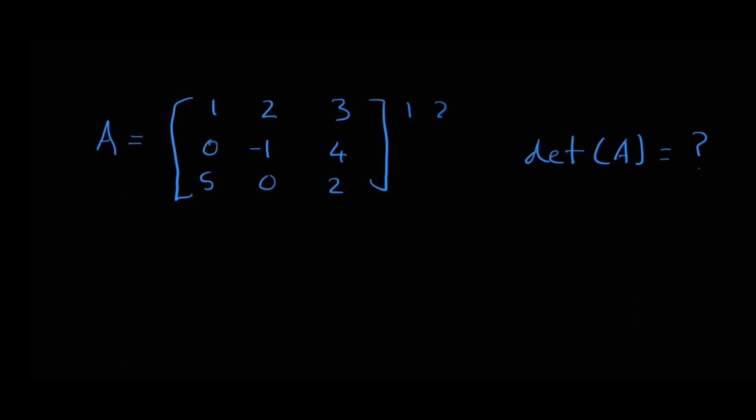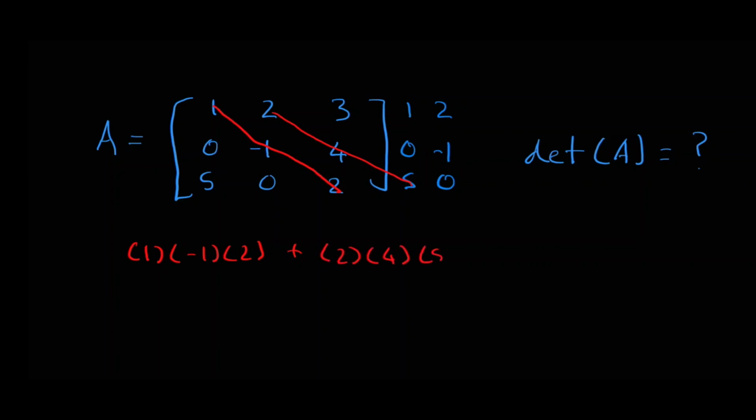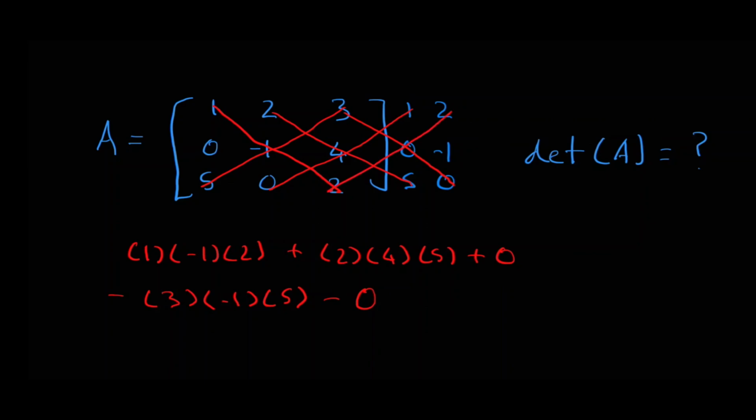Well, first we can write the first two columns to the right of the matrix. And then the determinant's going to be 1 times negative 1 times 2 plus 2 times 4 times 5 plus 3 times 0 times 0, which is just going to be 0, so I'll just write 0, minus 3 times negative 1 times 5 minus 1 times 4 times 0, which once again is just 0, minus 2 times 0 times 2, which is just 0 as well.